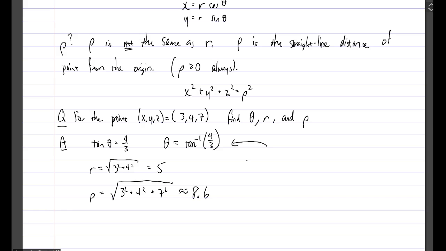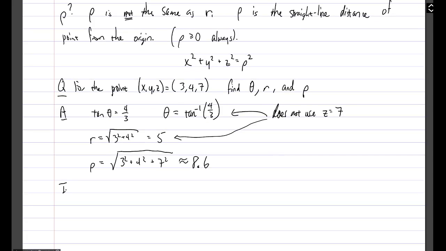First, the value of theta does not use at all the fact that z is equal to 7. Same deal with getting the number 5, which didn't use the height of the point, 7. However, when finding rho, the number 7 was in fact used.